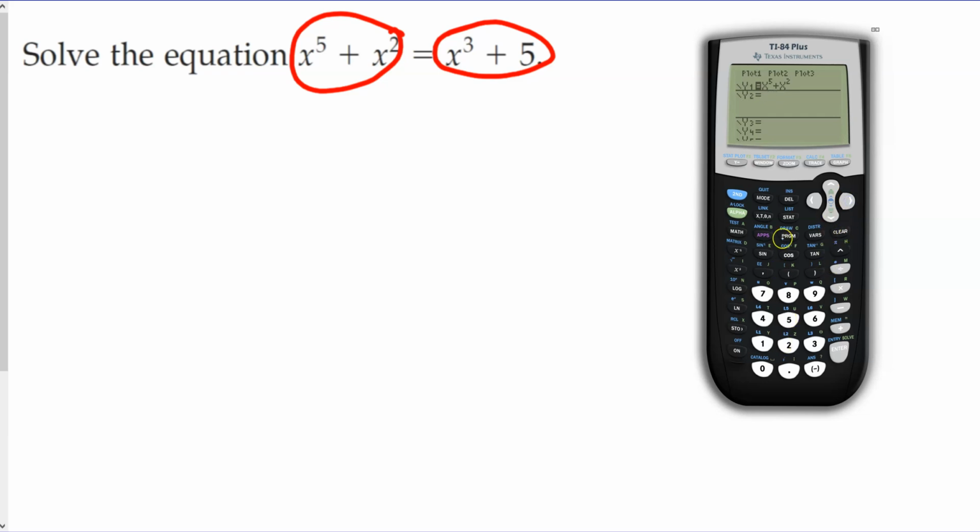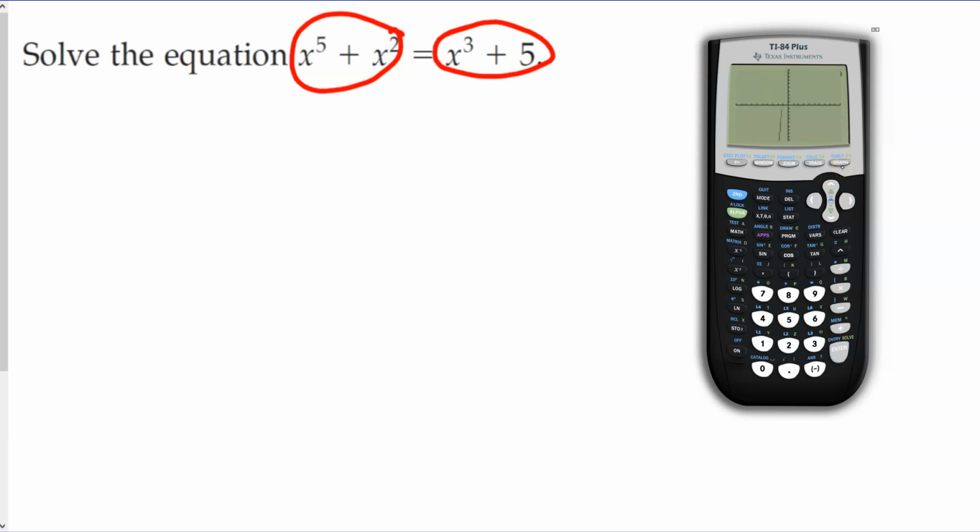Now, let me do that again. If you mess up and you go x to the third, and you forget to arrow over, what you end up with is plus 5 up in the exponent, which is going to be way different than what the equation is asking you to graph. So make sure that you're putting in x to the third, arrow over, plus 5.